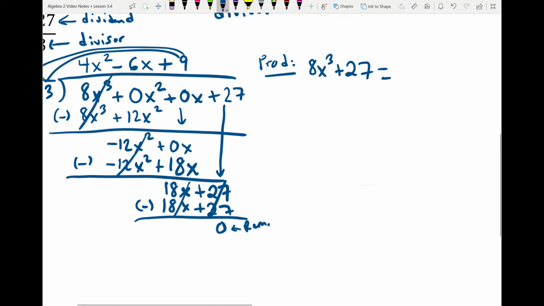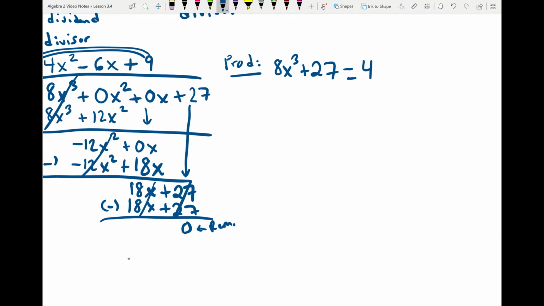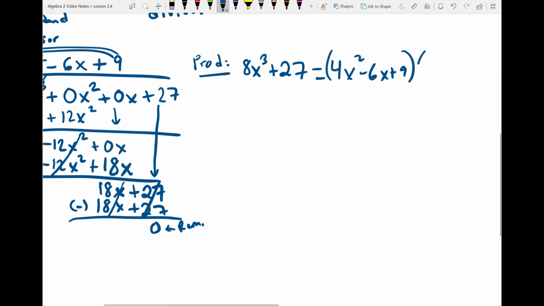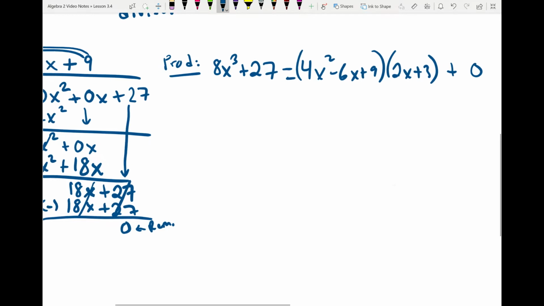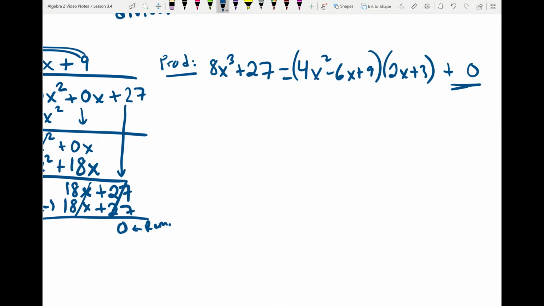The dividend equals our quotient times our divisor plus a remainder of 0. You can ignore that remainder of 0 because it doesn't really do anything to the equation. And that's our product form.